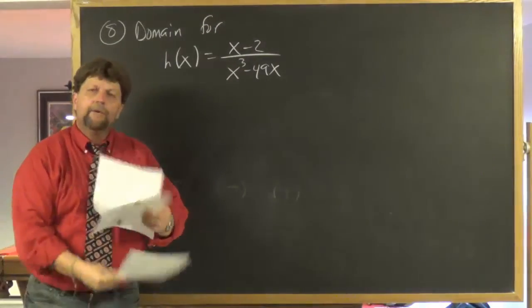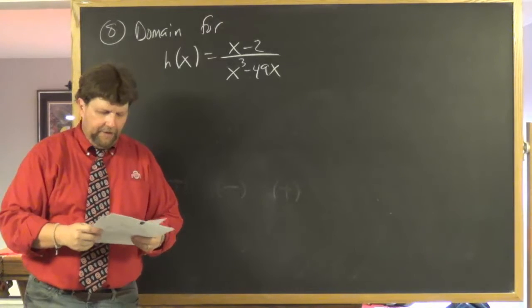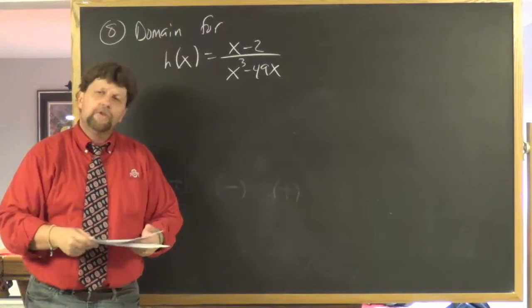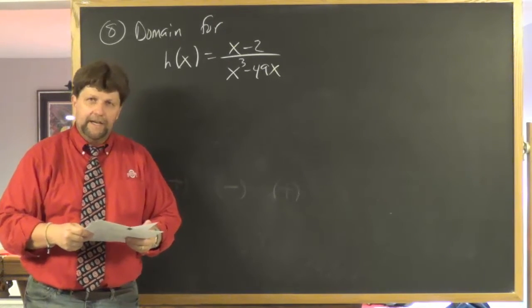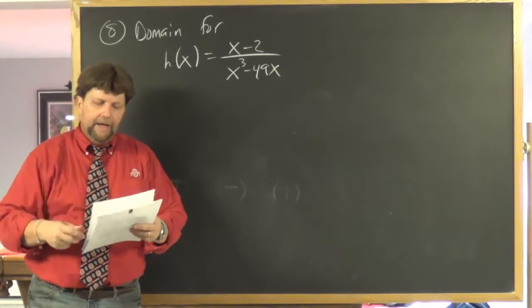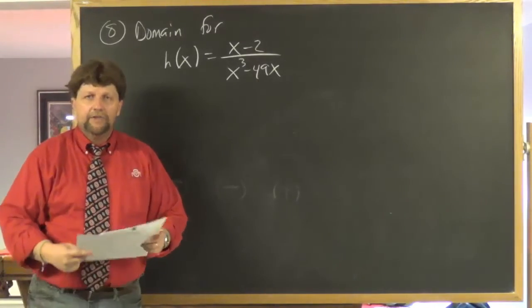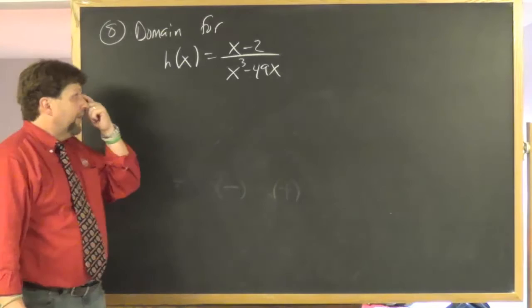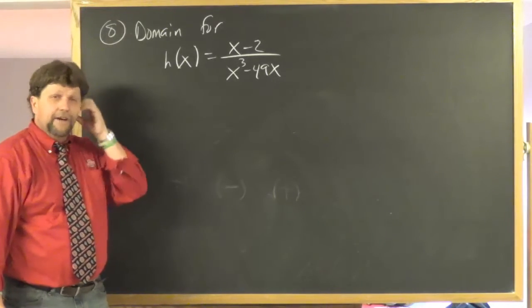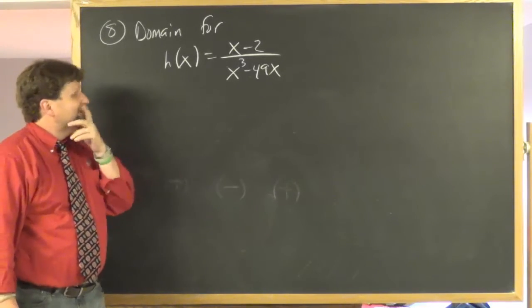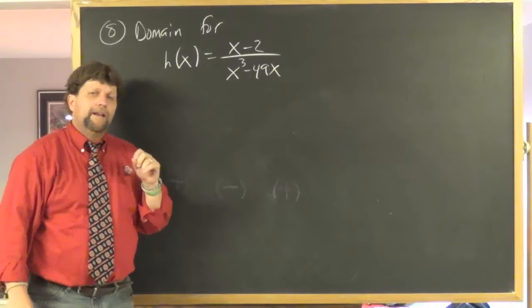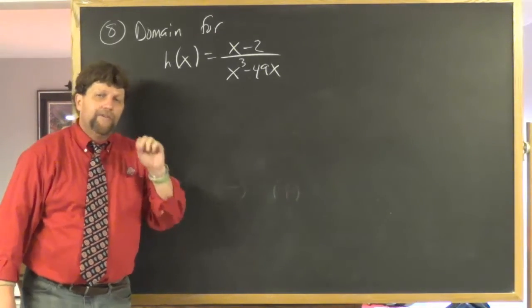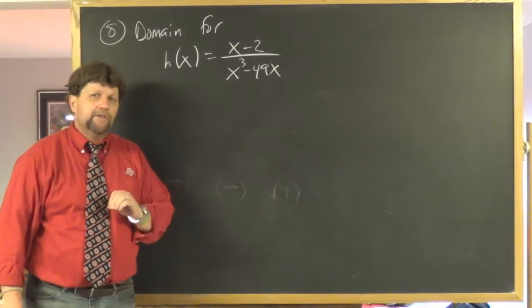All right, folks, here in number 8, I asked you to find the domain of the function h of x equals x minus 2 over x cubed minus 49x, and to write the domain in interval notation. So, here we are. We have a rational function, so we have things to worry about. We have to worry about any value of x that would make the denominator 0.